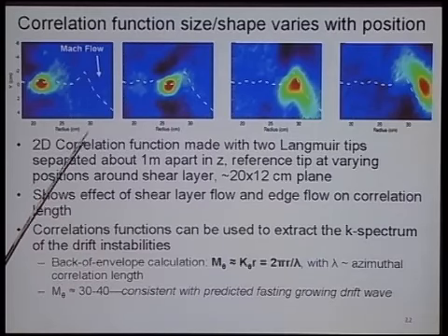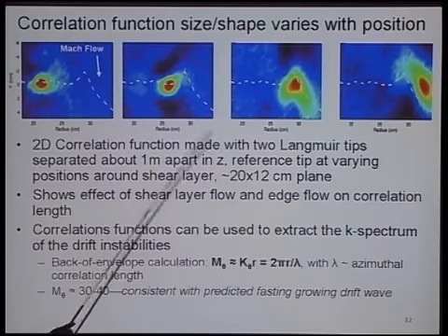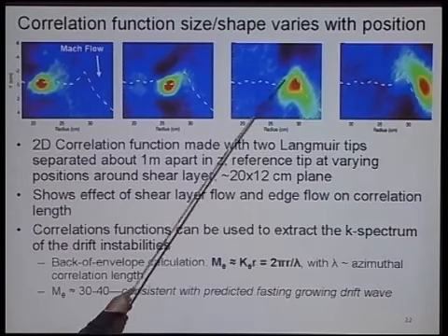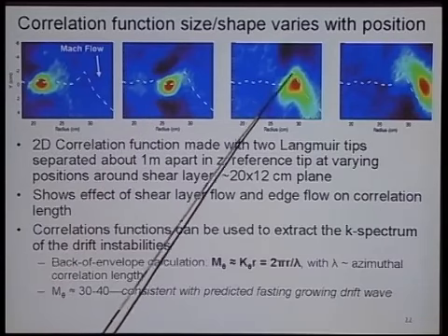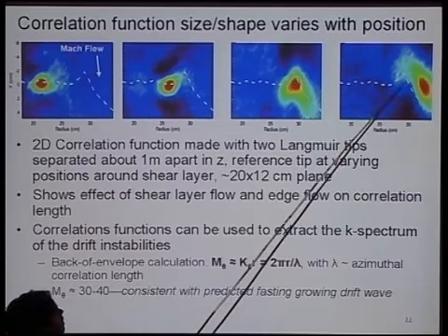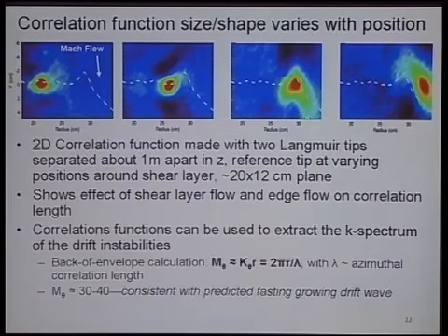And the most evident effect, as we go from kind of inside the cathode edge to outside, is just the effect of the shear layer on the turbulent structures. There's a definite spreading in azimuthal correlation length, and you could almost see that the shape matches the flow profile as we look at different points in the plasma.